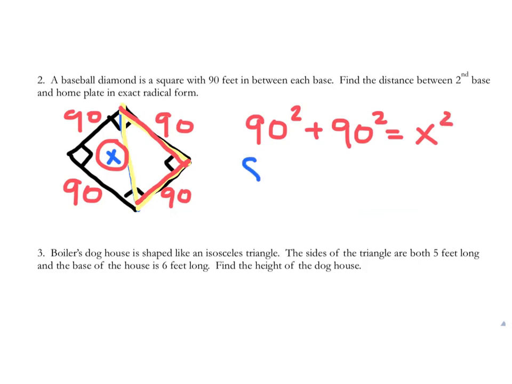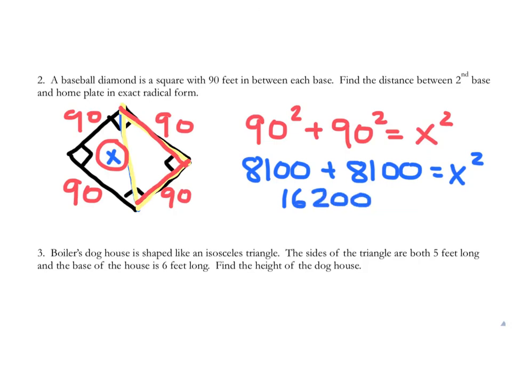So I get 8100 plus 8100 equals x squared. So that's 16,200 equals x squared. It does say that they wanted an exact radical form, so I do not need to approximate this answer.